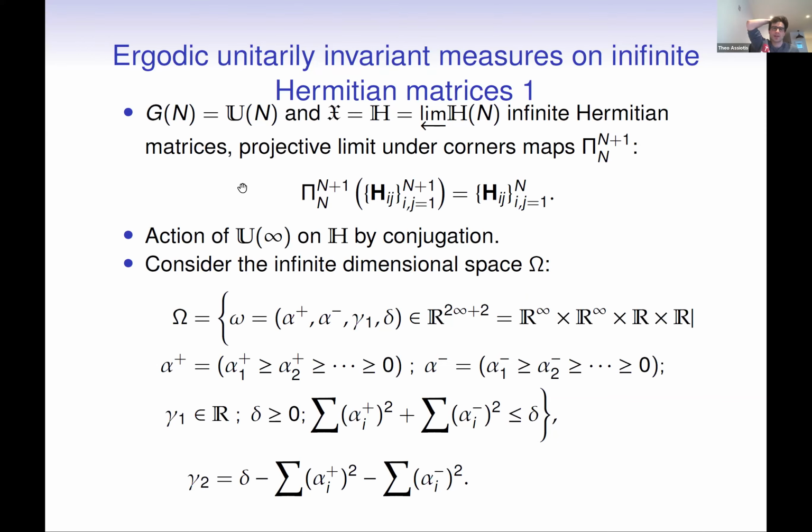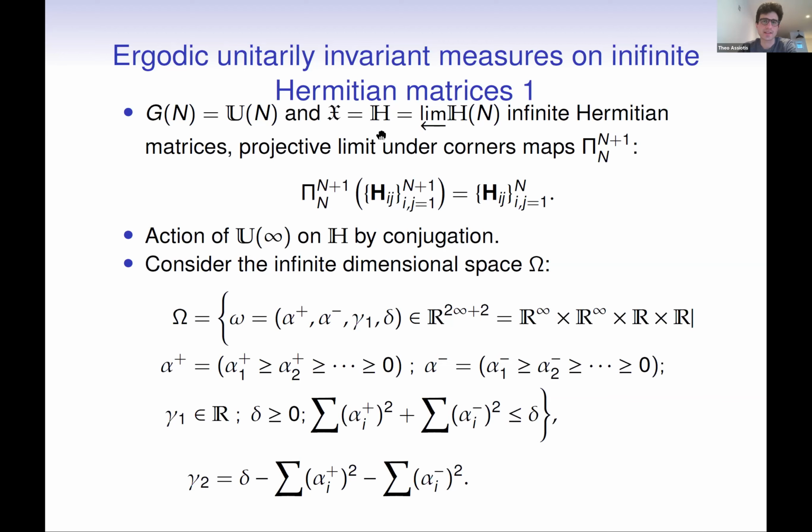So we have unitary groups, and now they're acting instead on the space of infinite Hermitian matrices. By the way, this U infinity is basically an infinite matrix: in the corner we have some unitary matrix from U(n) for some n, and the rest is just the identity.